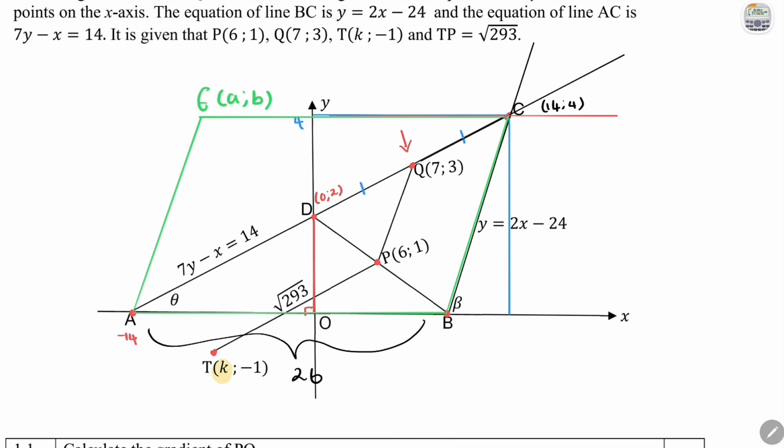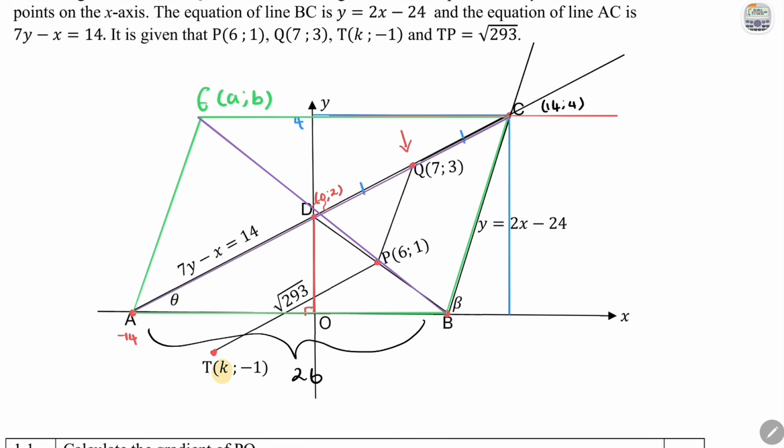One of the easiest ways to deal with this type of question is to use this property: with a parallelogram, the diagonals will always bisect each other. What that means is if AC is bisecting the diagonal BE, then the midpoint of AC is exactly the same as the midpoint of BE. So they share a midpoint.